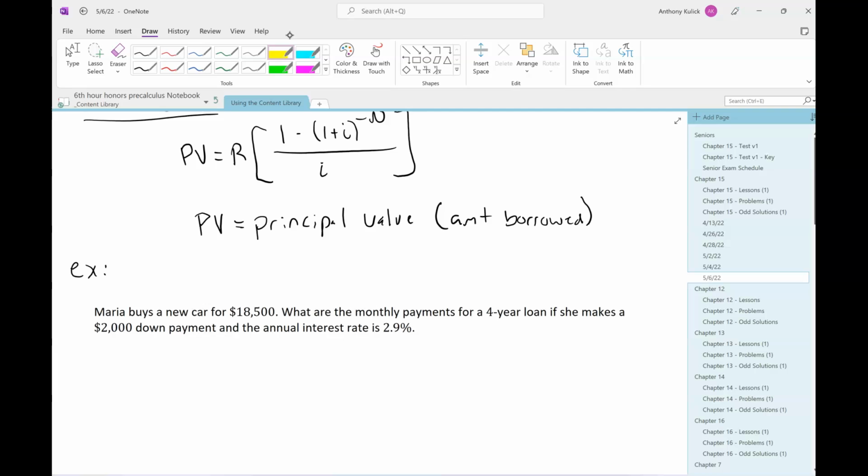So here it says Maria buys a new car for $18,500. What are the monthly payments for a 4-year loan if she makes a $2,000 down payment and the annual interest rate is 2.9%?